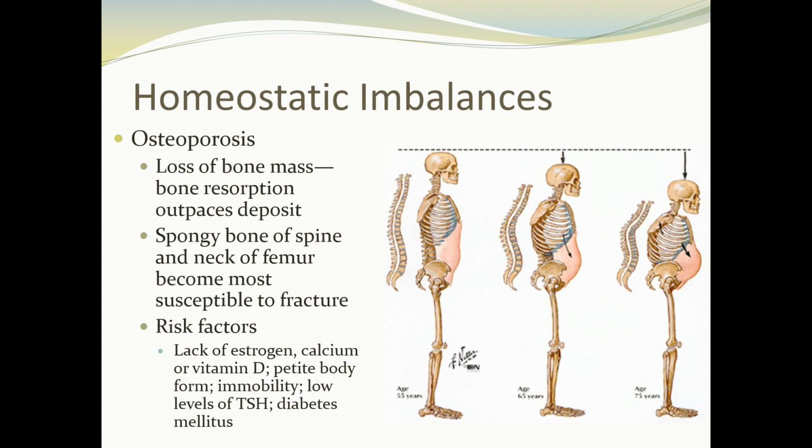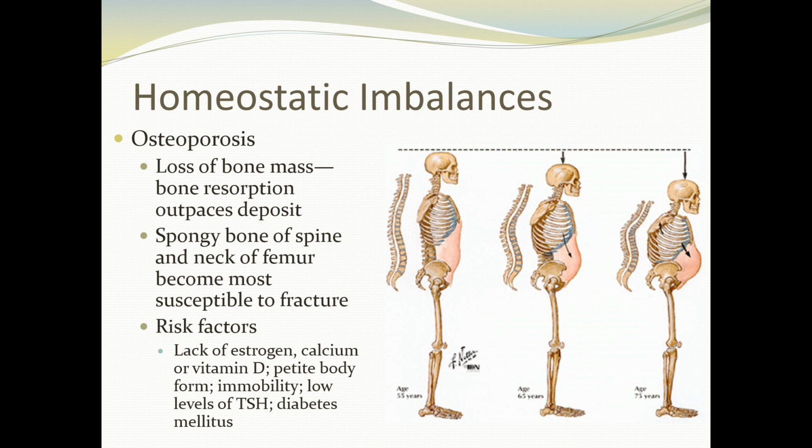Osteoporosis is the loss of bone mass as one ages, and there's still a lot of studies on its causes as well as its treatment. And the spongy bone of the spine and the neck of the femur will become most susceptible to fracture.